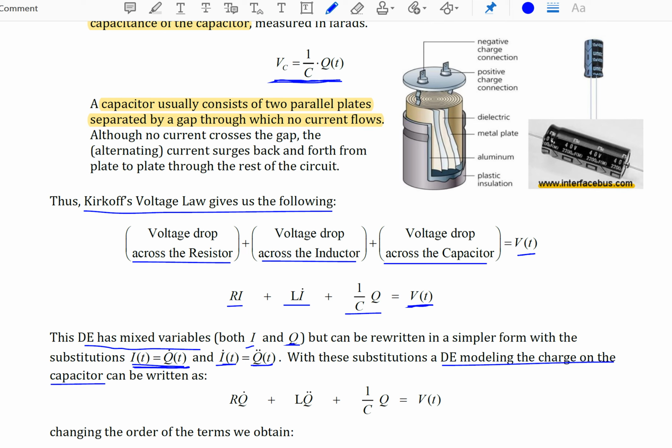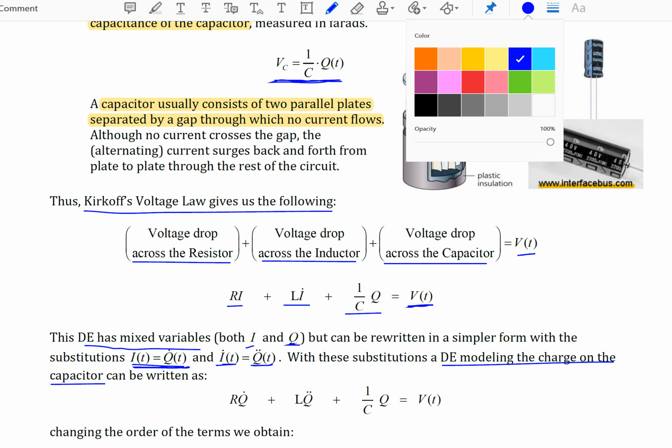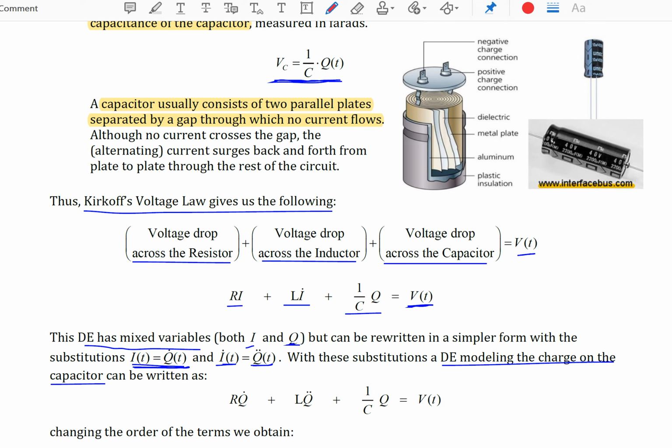So instead of writing Ri, it's RQ prime. Instead of writing LI prime, it's LQ double prime. Remember, because I prime is Q double prime.